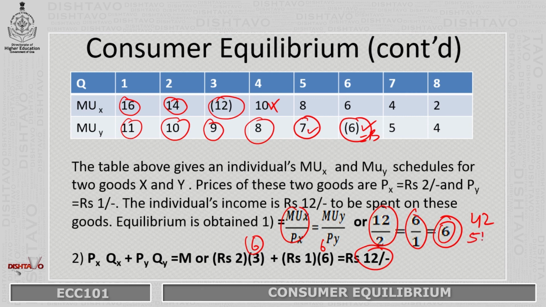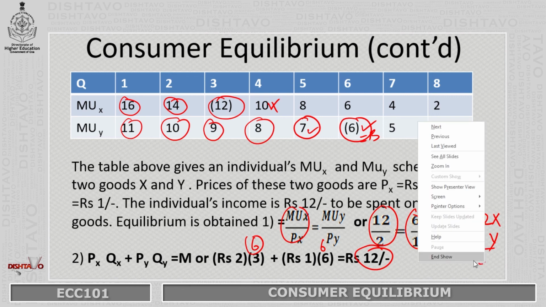So 51 is the utility derived from Y and 42 from X. So what is the total utility? The total utility of the consumer in this given example is 93.